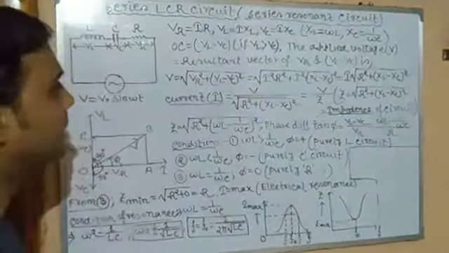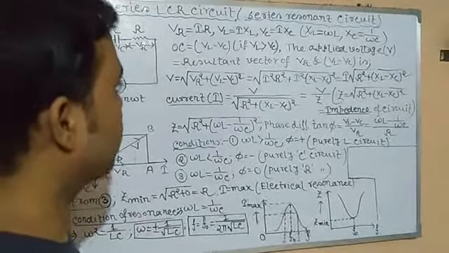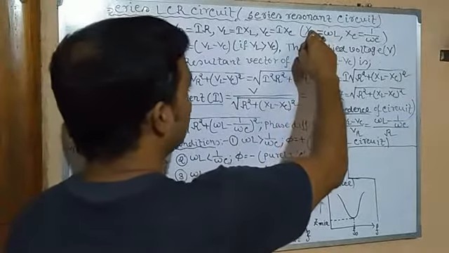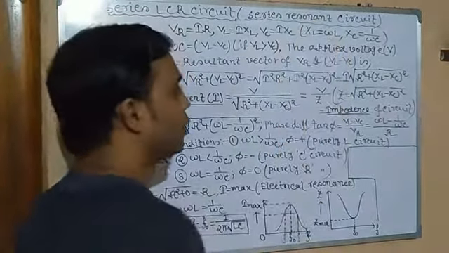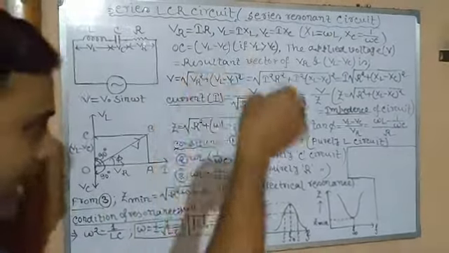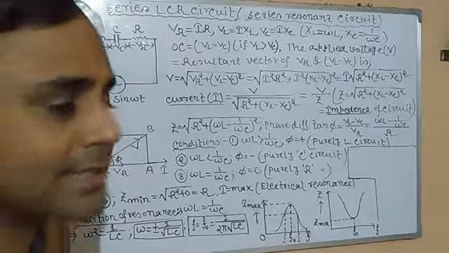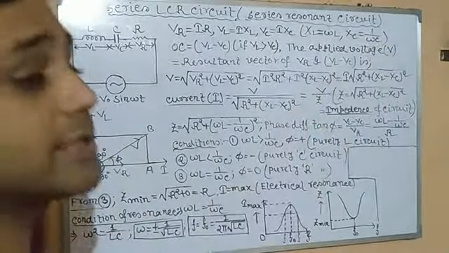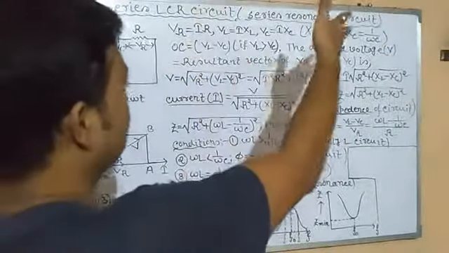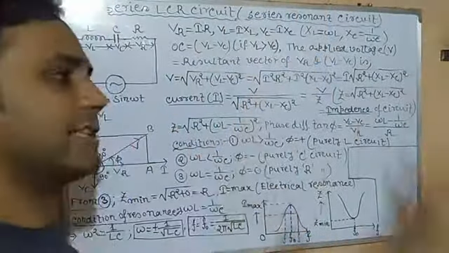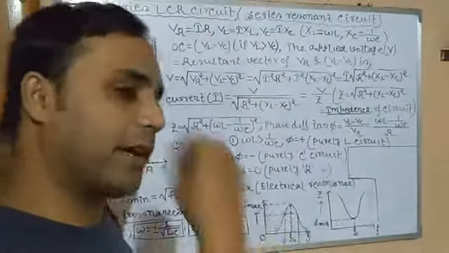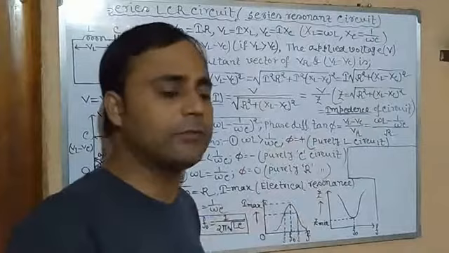We have already discussed them in the last video. XL equals omega L is called inductive reactance, and XC equals 1 by omega C is capacitive reactance. What is reactance? We can say it is one kind of resistance, you may say a sibling of resistance. The function is the same: to oppose the flow of AC current.